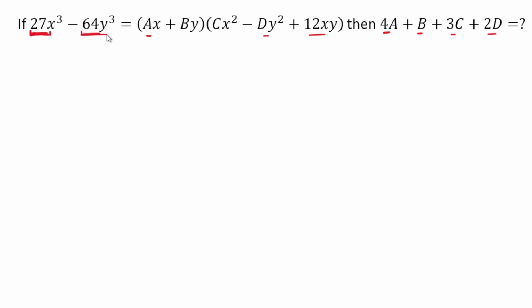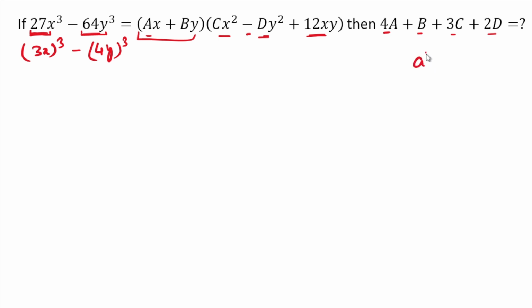So fine, now for solving, if you look, it is in the form of a cube value, and again it is in the form of a cube value, meaning a cube minus b cube. 27x cube we can write as (3x) whole cube. Similarly, 64y cube we will write as (4y) whole cube, and it is in the form of a cube minus b cube.